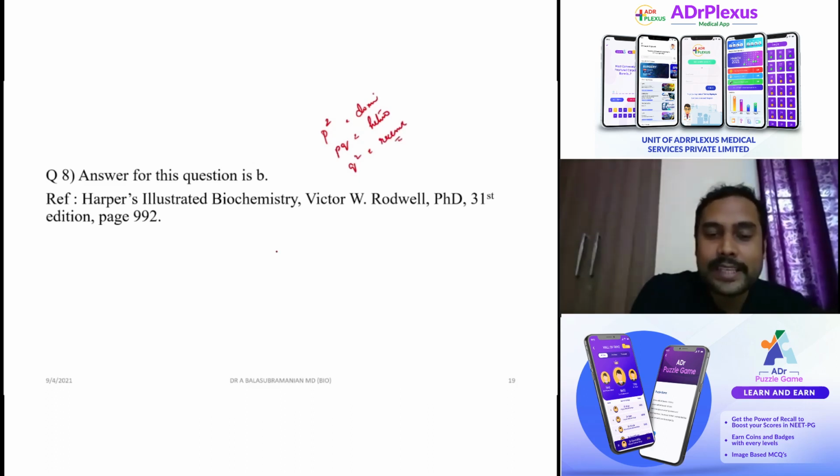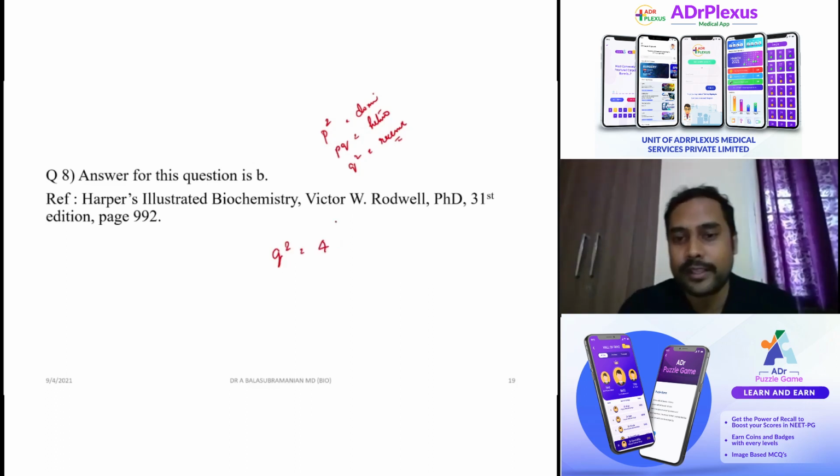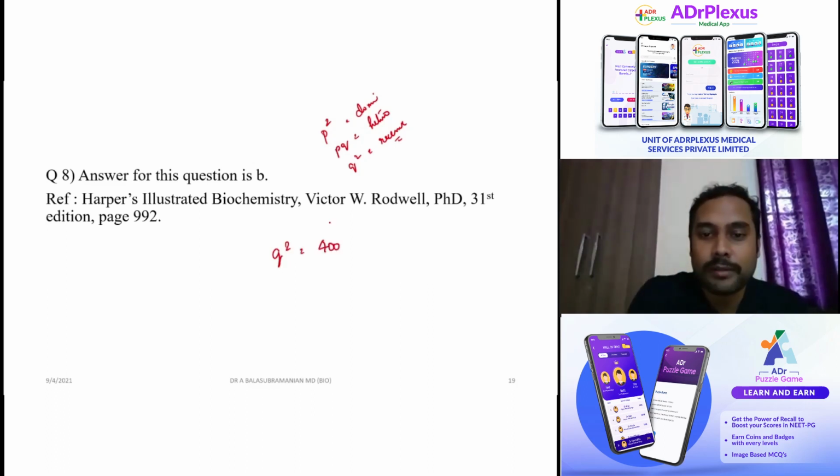So what he is saying is Q square is 1 by 400. That is what he said. Then Q square is equal to 1 by 400. What we will do? We will take Q as the square root of 1 by 400, or 1 by 20.